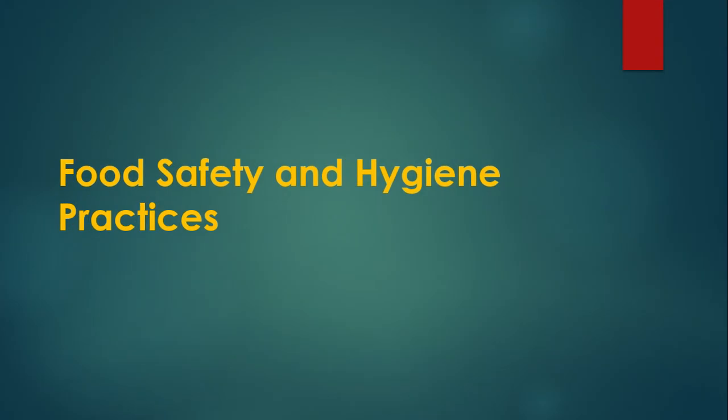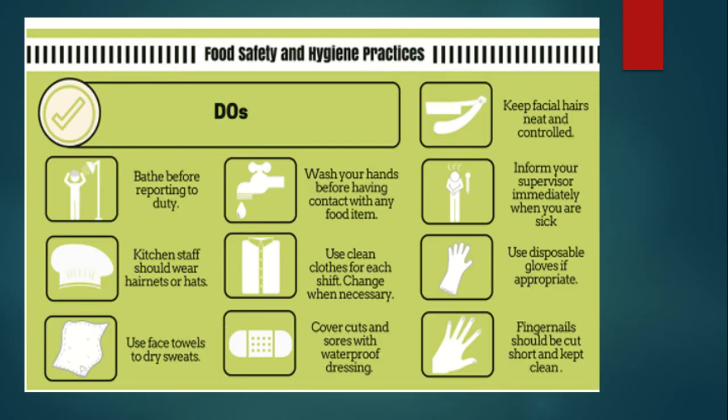For food safety and hygiene practices, these are the do's. First, you need to bathe before reporting to duty. Kitchen staff should wear hairnets and PPE. Use face towels to dry sweat. Wash your hands before having contact with any food item.